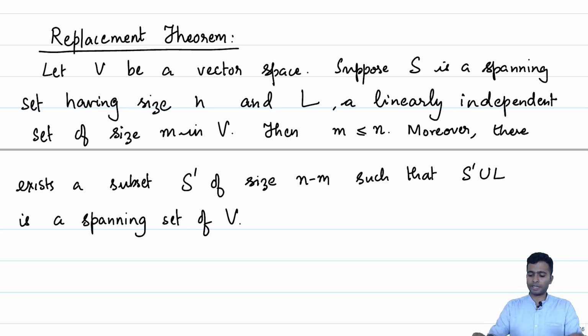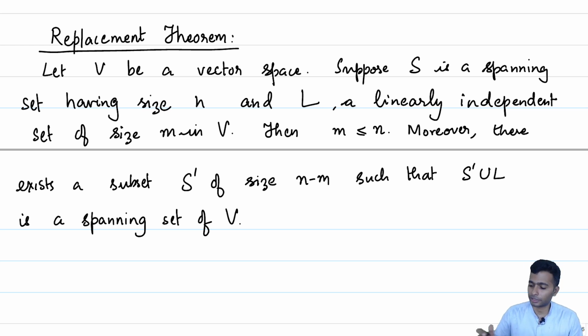Okay, so the theorem might look a bit complicated, but one thing which we can immediately conclude from this replacement theorem is that no matter what linearly independent set you take and no matter what spanning set you take, the size of a linearly independent set should be less than or equal to the size of a spanning set.